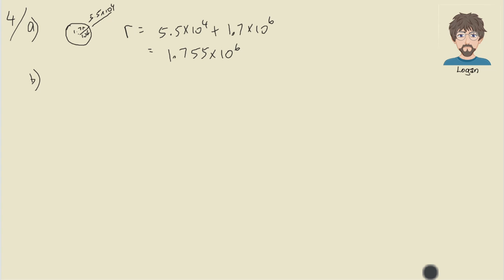B. Show that the strength of gravity at the height of the orbit is 1.6 newtons per kilogram. So here we've got this idea of what happens if you apply a mass of 1 kilogram, a 1 kilogram test mass, or what's the force per kilogram.